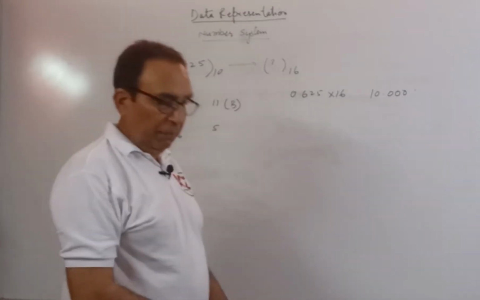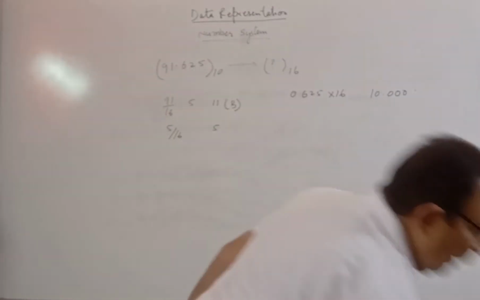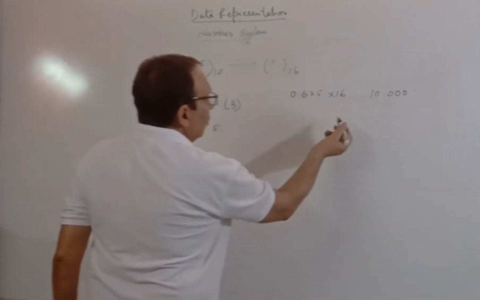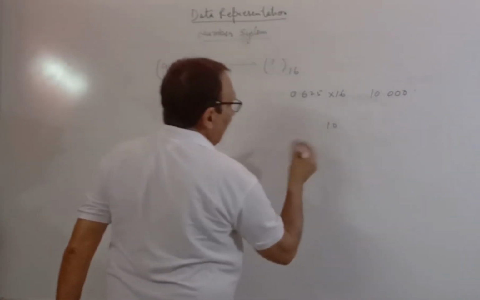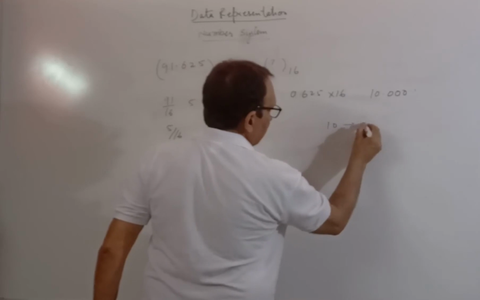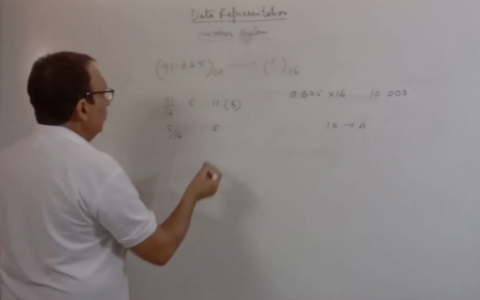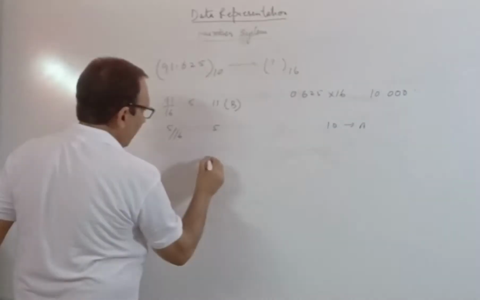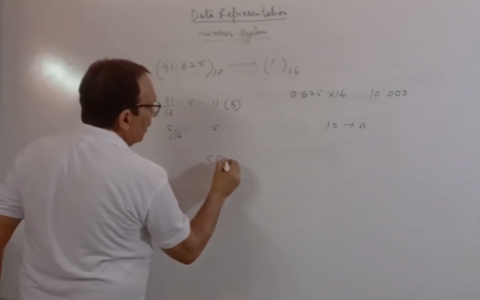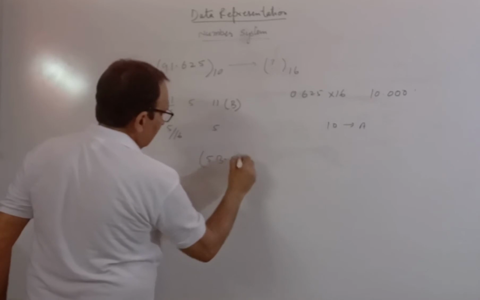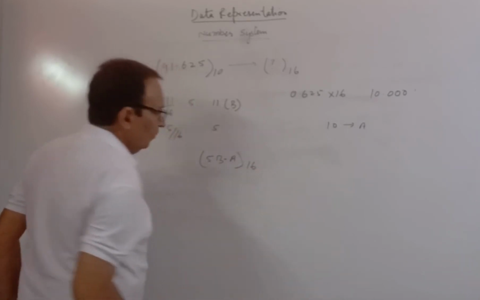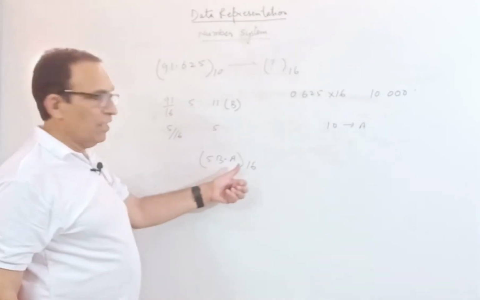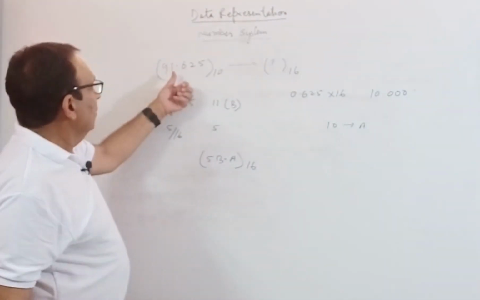The part which is coming before the decimal is 10. So code this 10 separately, and 10 has the representation A. So what we can do, and here you have to write bottom to top, you will write 5B.A, which gives you the hexadecimal equivalent of the decimal number 91.625.